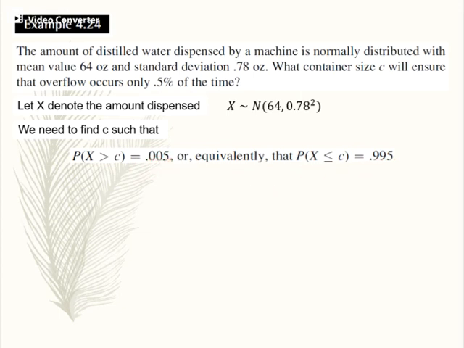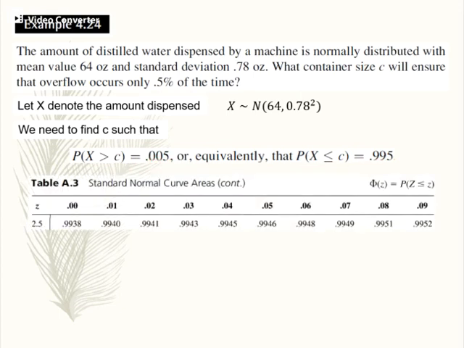Now let's go to our table. Table A.3 gives you left-hand probability, so it looks exactly like that. We know the value we're looking for has 0.995 to the left of it, so we need to look within the table for the probability of 0.995. Now, 0.995 isn't exactly there, so we take the closest.